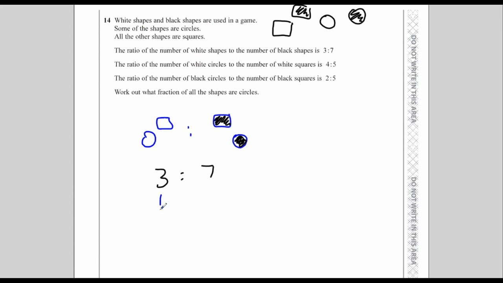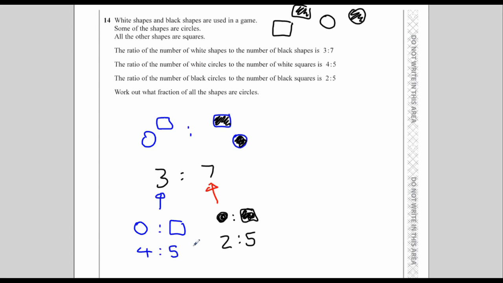So this is kind of split up. And also, this is split up: black circles to black squares, and that's 2 to 5. So this is what I mean about a ratio inside a ratio.